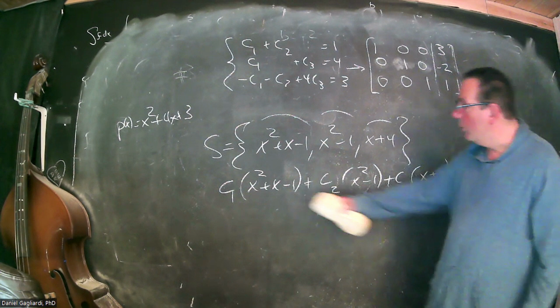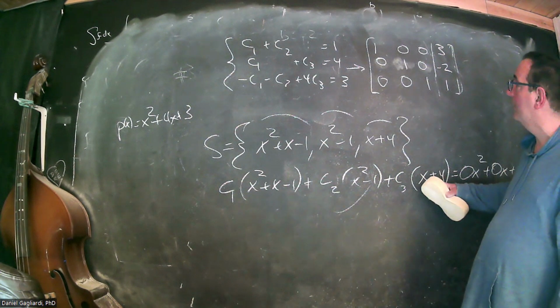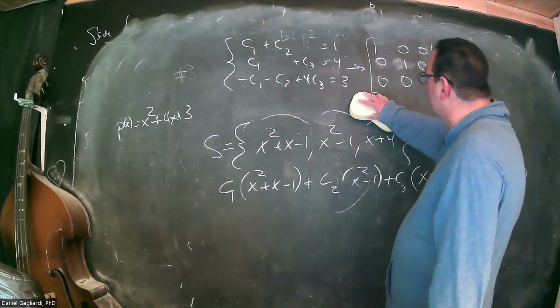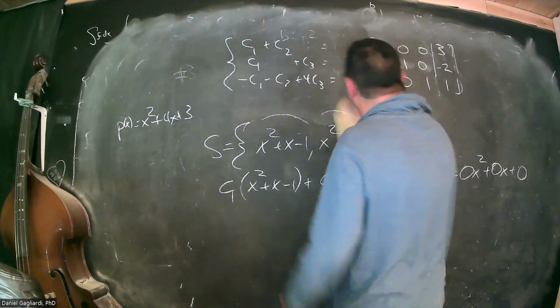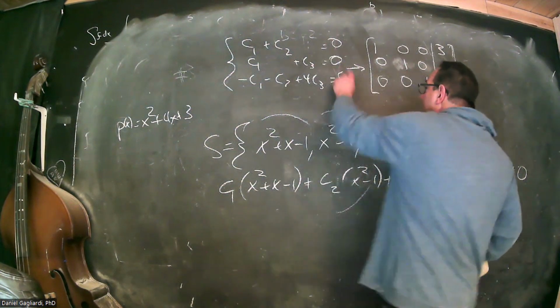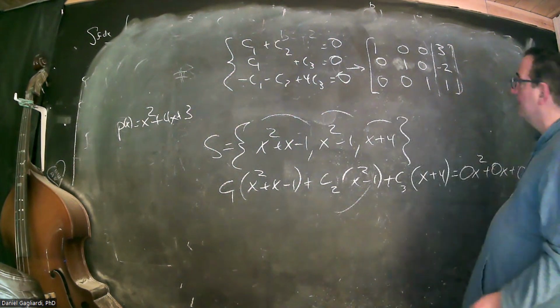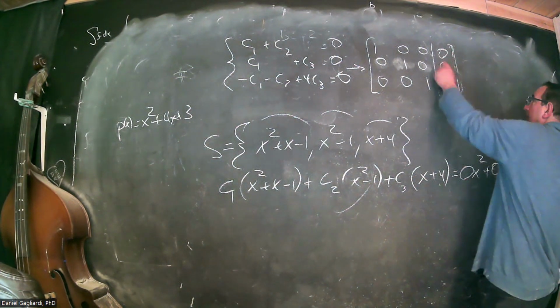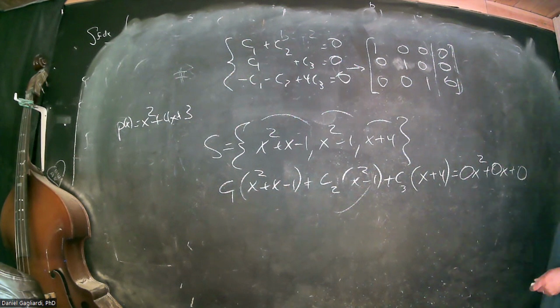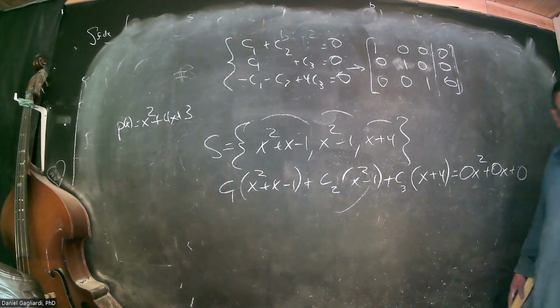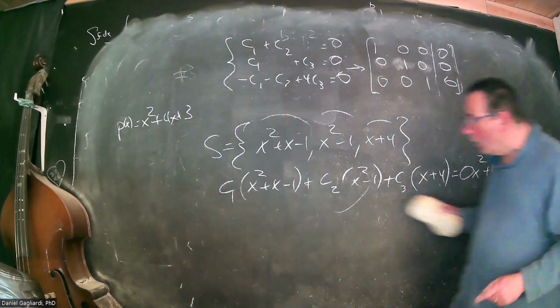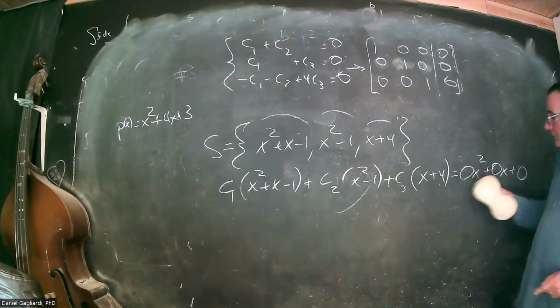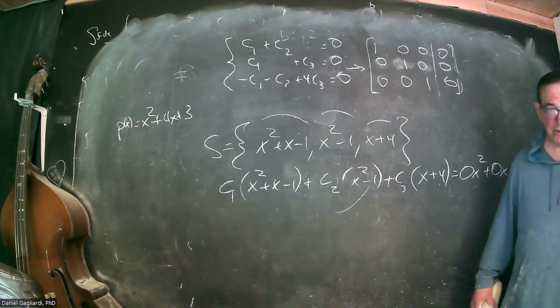Well, if we were to write this linear system, you see what we would have here is zeros on the right-hand side. And then once we row reduce that linear system, we would find that there are no free variables, and that indeed C1 equals C2 equals C3 equals 0 is the only solution to this linear independence equation.